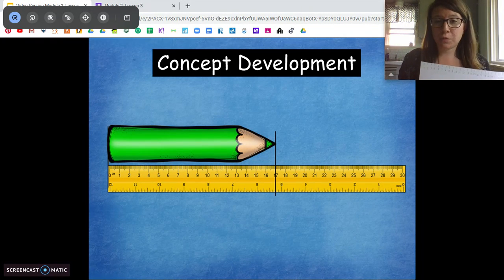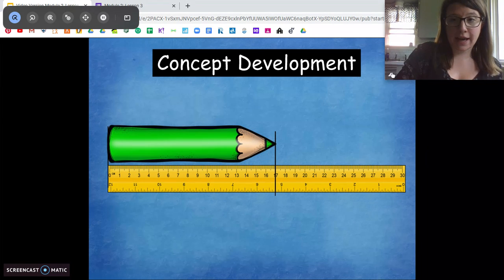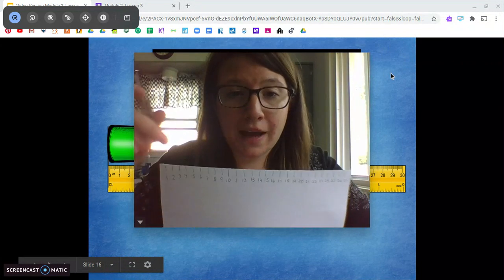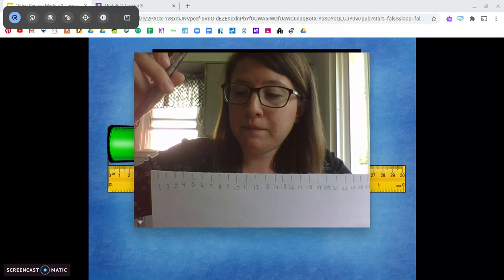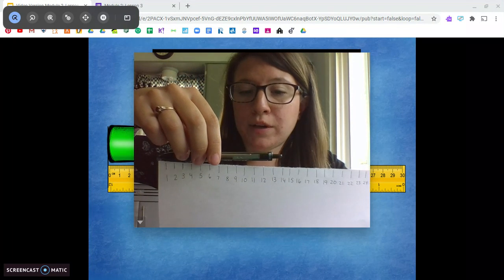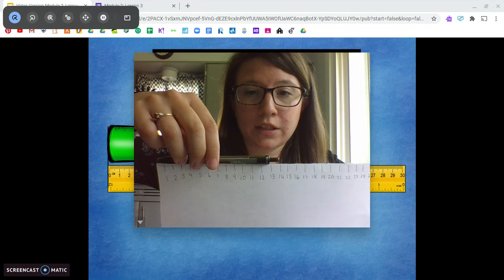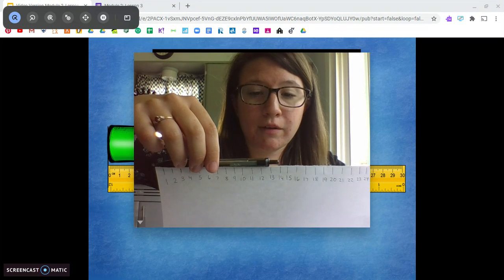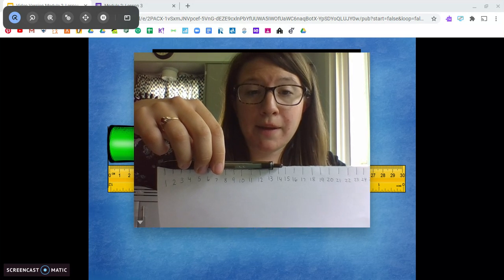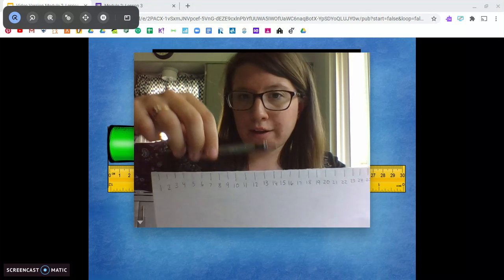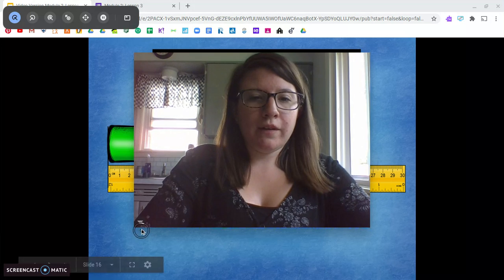Again, you can use the word about if it's not exact. All right, I'm going to measure my pen with my centimeter ruler just to give you an example. Here's my pen. I'm going to line it up at the endpoint of my ruler, and I'm going to look. The other endpoint of my pen looks like it's at about the 14. So I would say my pen is about 14 centimeters long. Pretty cool, right?